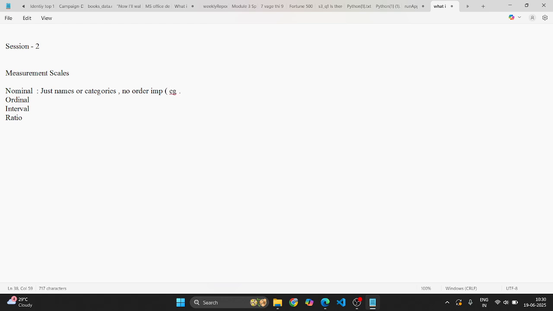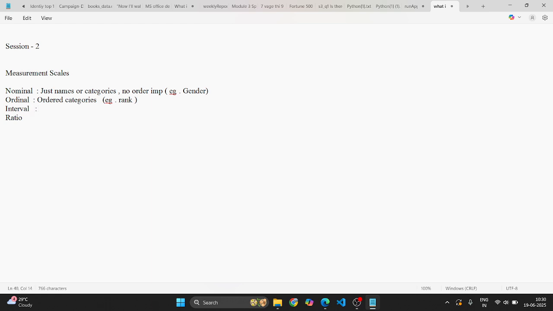Can anybody give me an example? Yes, gender. After that, there was the ordinal scale. What's the ordinal scale? It's nothing but ordered categories. Can anybody give me an example? Rank. Like rating a movie on a scale of 1 to 5, it's also an example of the ordinal scale.